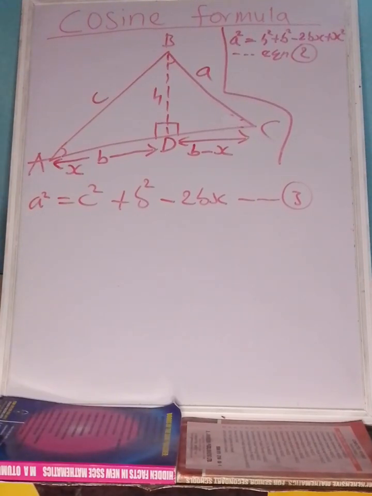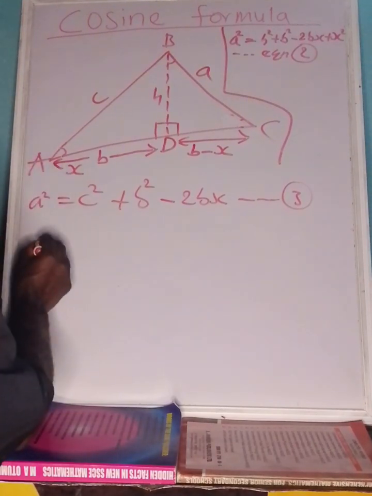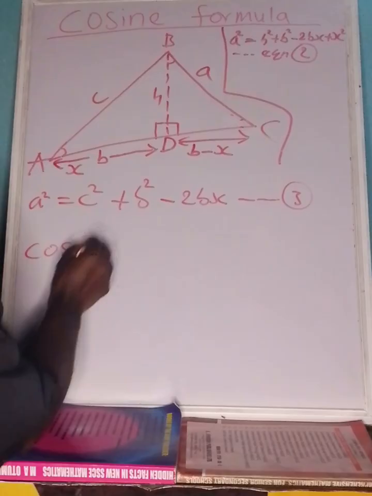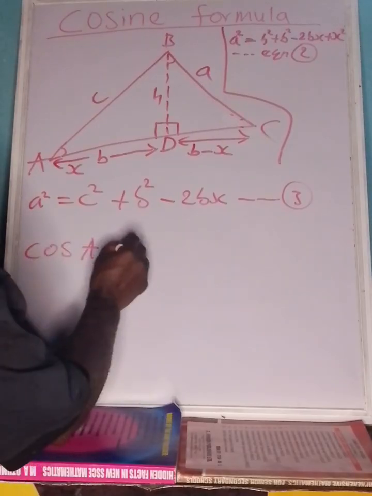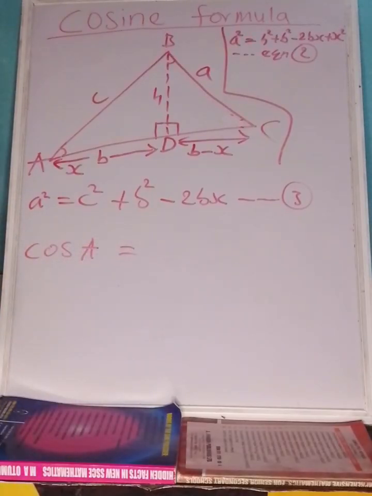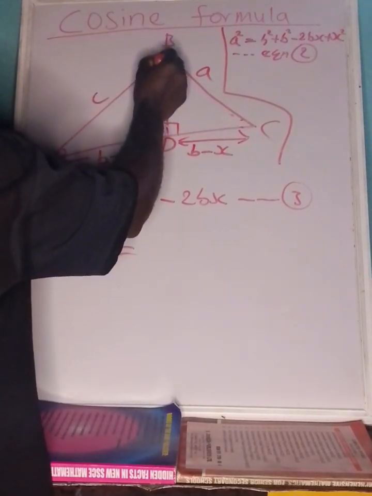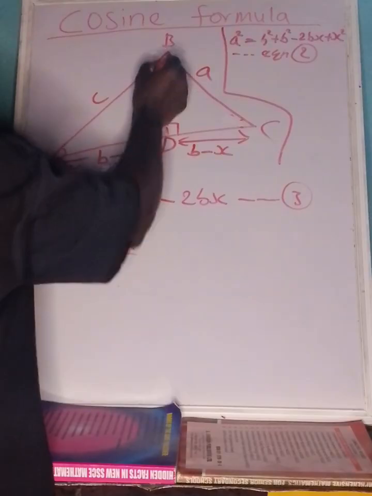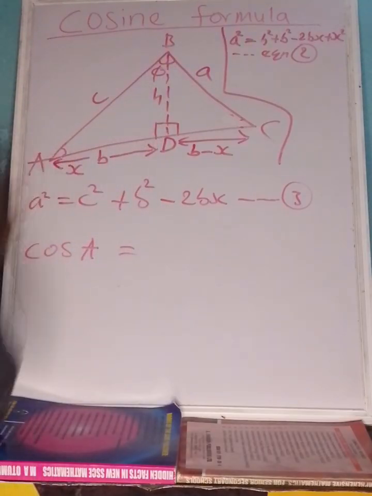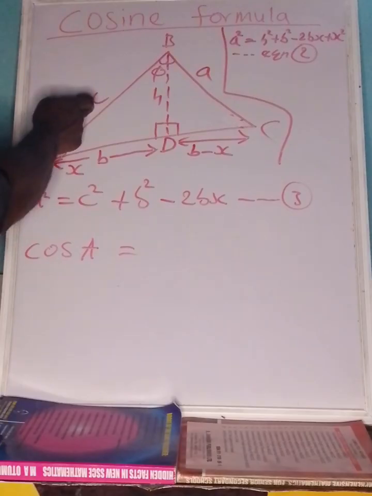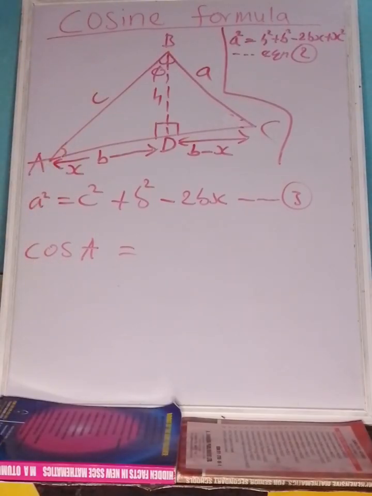So cos A will be equal to opposite over hypotenuse. Remember, if we place our theta here, that means x will become our opposite, and c is our hypotenuse in the triangle ABD. So what do we have?